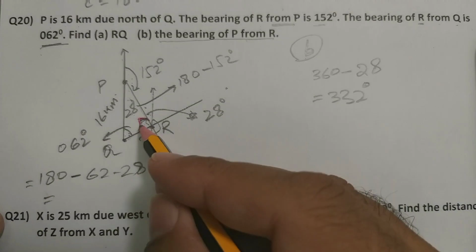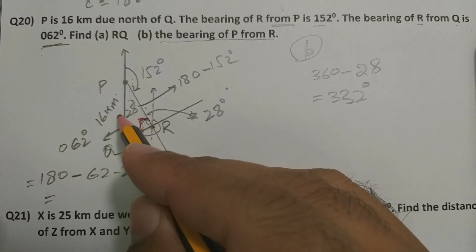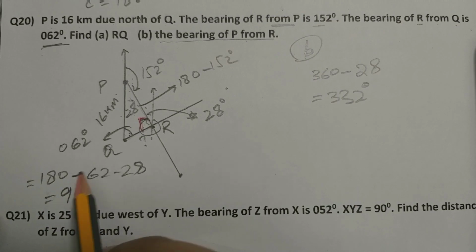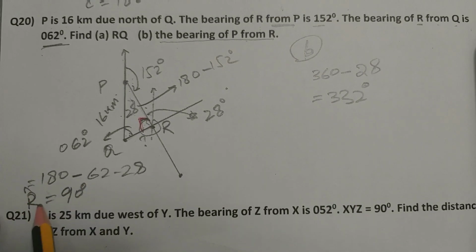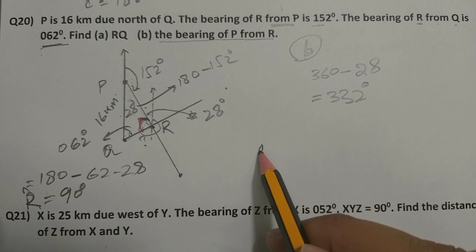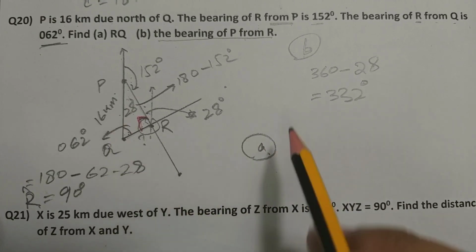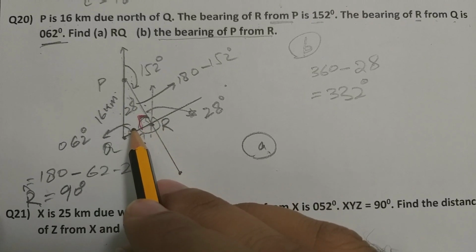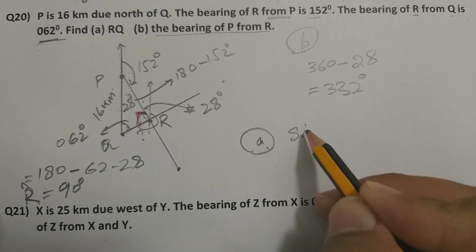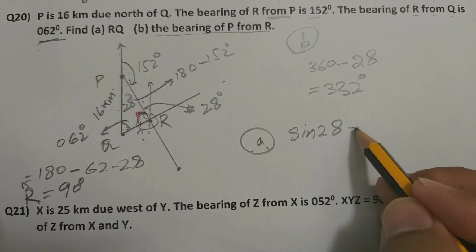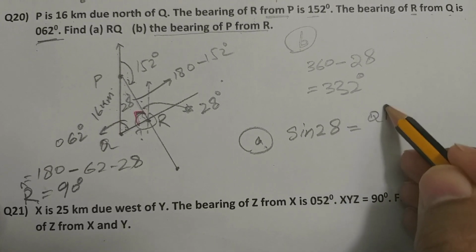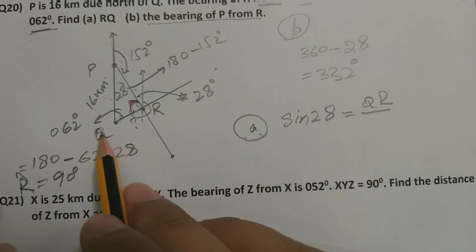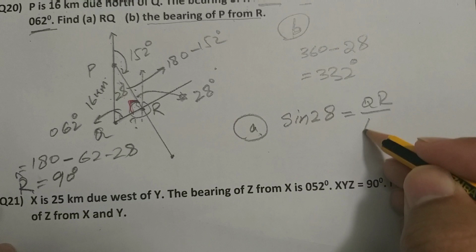Now the point is this is 90, so it means this is the hypotenuse, and the rest are the two short sides. So this is 90 degrees, which is angle R. And now for A, opposite and hypotenuse, it means we can apply the sine ratio. So sine 28 equals the opposite, QR or RQ is the same thing, divided by the hypotenuse, which is 16.